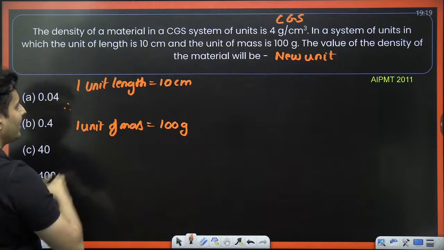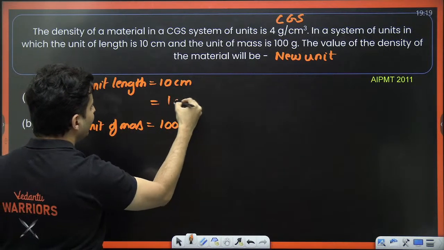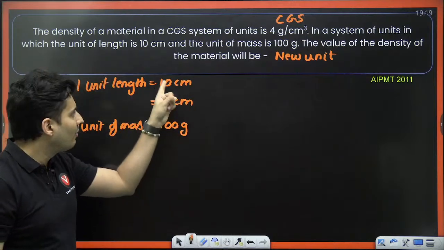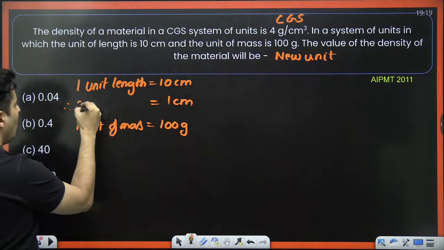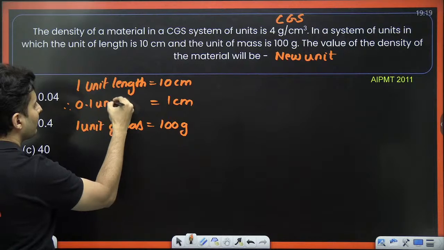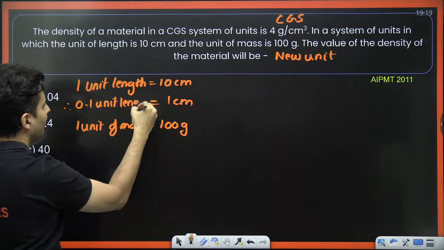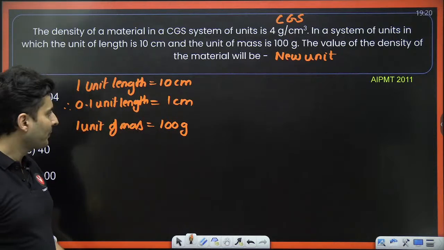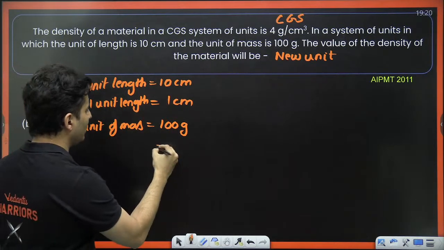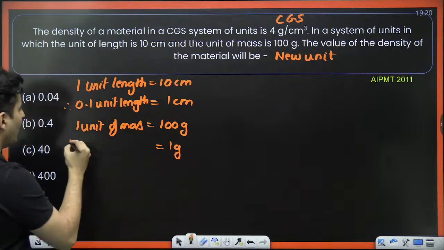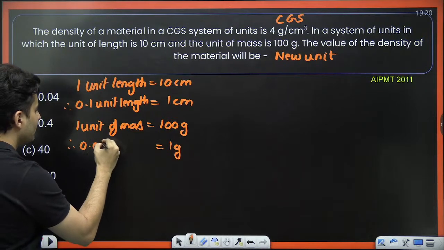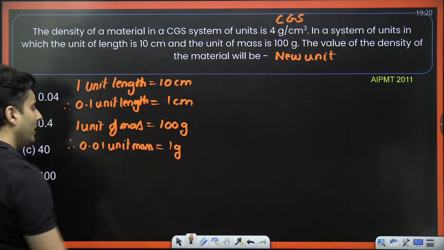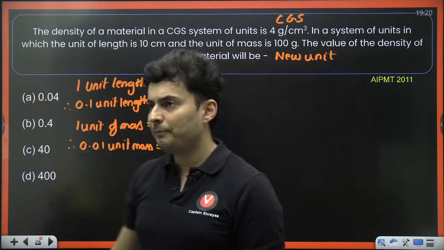So 1 centimeter will be how much length? 0.1 unit length, 1/10 of it. If 100 grams is 1 unit of mass, 1 gram will be 0.01 unit mass. Everybody with me?